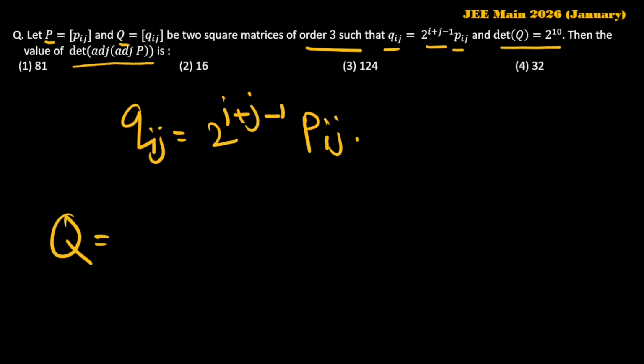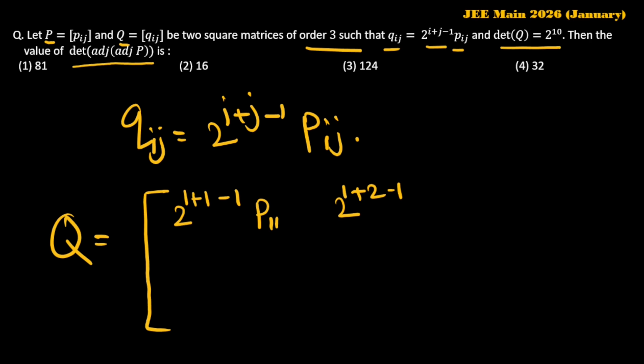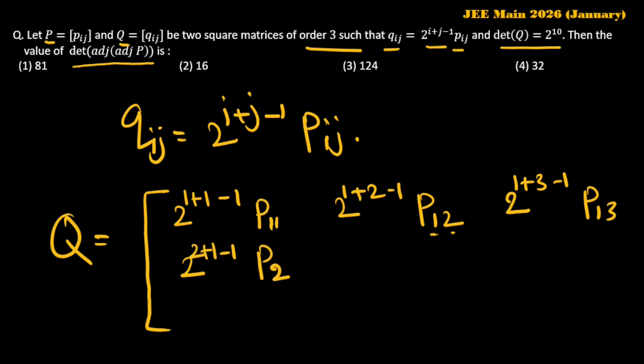So Q is a 3 by 3 matrix. Q11 is 2 power 1 plus 1 minus 1 P11. Q12 is 2 power 1 plus 2 minus 1 P12, where the ith value is 1 and the jth value is 2. Next is Q13, that is 2 power 1 plus 3 minus 1 P13. Next Q21, 2 power 2 plus 1 minus 1 P21.